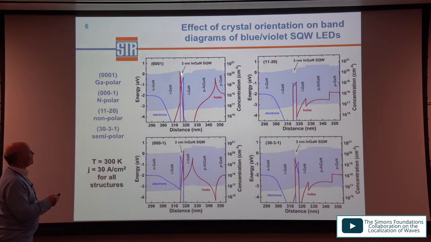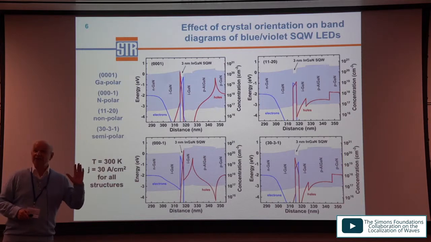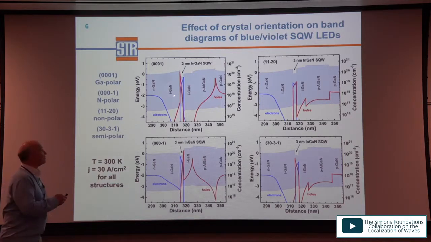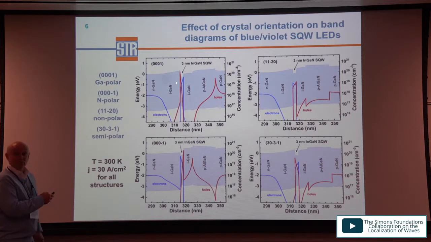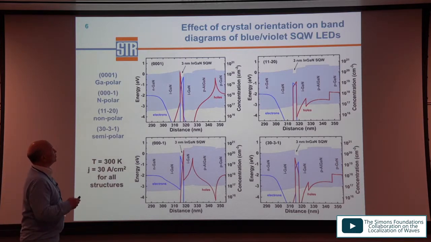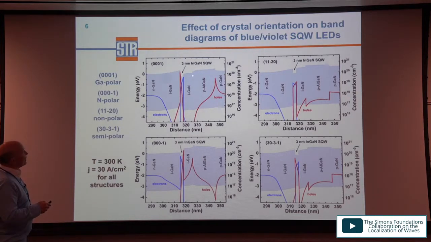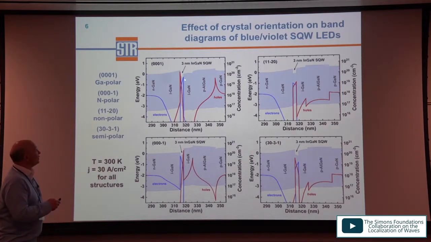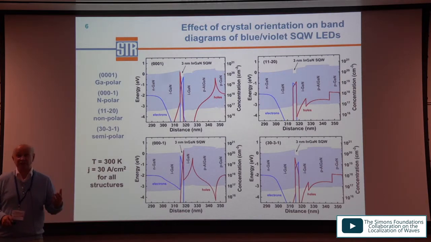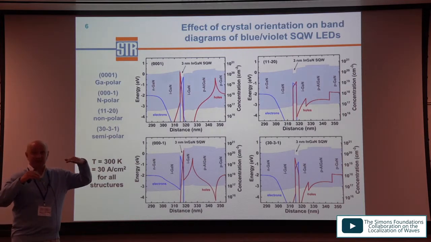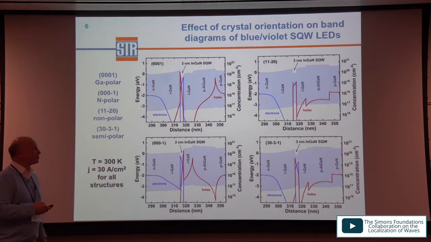First of all, the negative polarization charge at the bottom interface of the quantum well produces some peak, some potential barrier, preventing injection of electrons into the quantum well. The same for holes. And the right side of the heterostructure is pushed down due to the electric field existing in the quantum well. The electric field is very strong, and therefore this asymmetry of the quantum well related to the polarization charges is also strong.